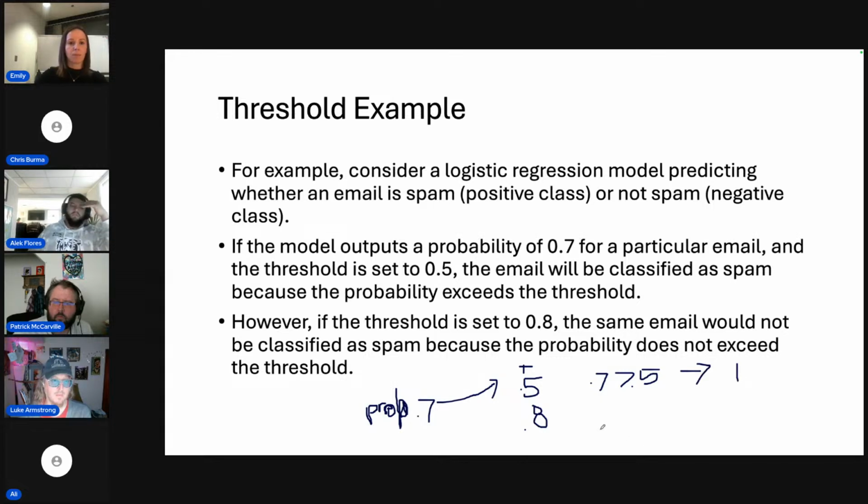And when it's 0.8, we say 0.7 is less than 0.8, so the output is 0.